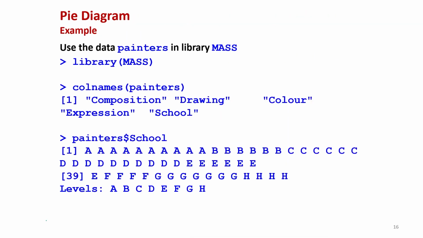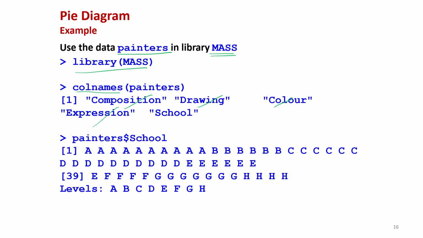Now let me take one more example to show you how, without looking into the data, you can create such pie diagrams without any problem. For that, I will use the data set painters, which is inside the MASS library, and you have already used it several times. So I load my library by using the command library(MASS). Then there were 5 variables, which can be obtained using the command colnames: composition, drawing, colour, expression.